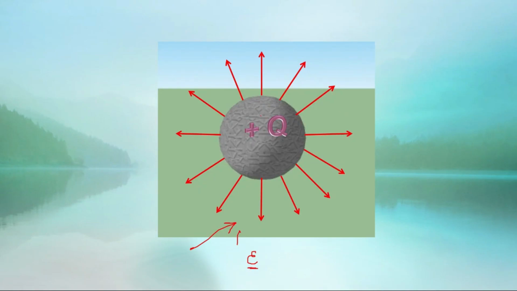So if this is my charge Q and it is positive, then the force lines will come out from this positive charge, and these lines will always be perpendicular to the surface of the charge. You can consider it as the sun, which emits energy in all directions.